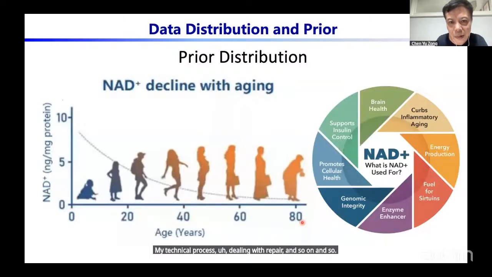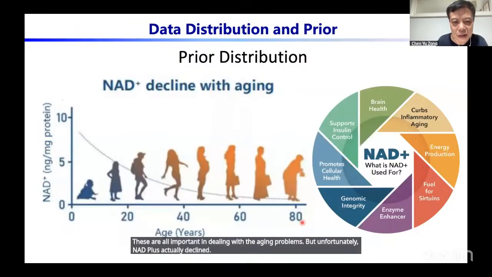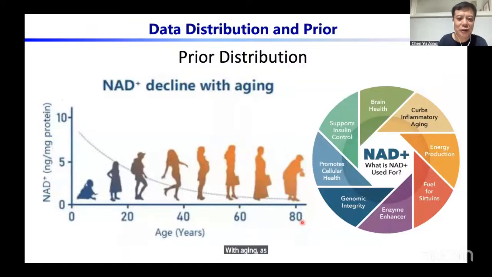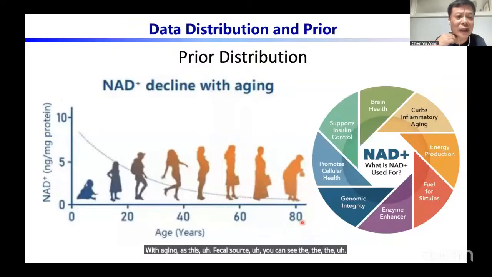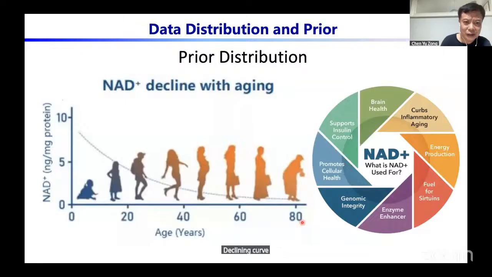These are all important in dealing with the aging problems. But unfortunately, NAD plus actually declines with aging, as this figure shows. You can see the declining curve of the NAD plus.